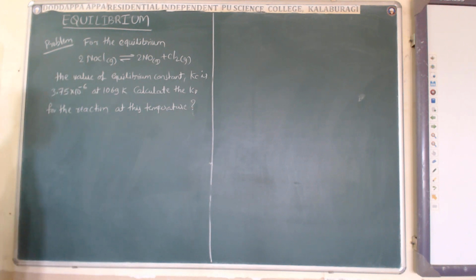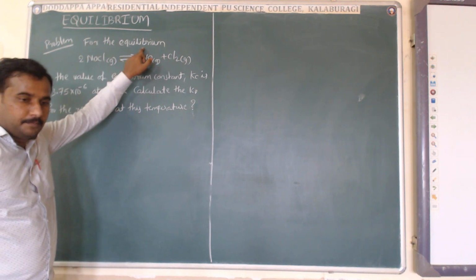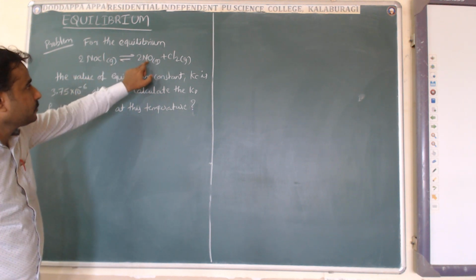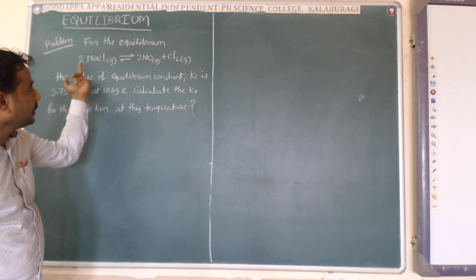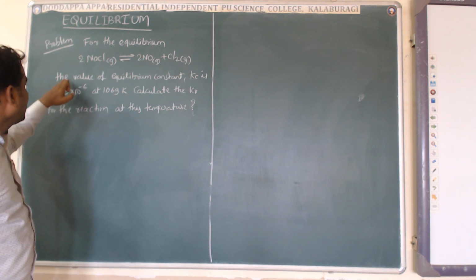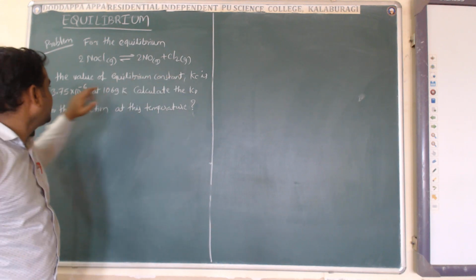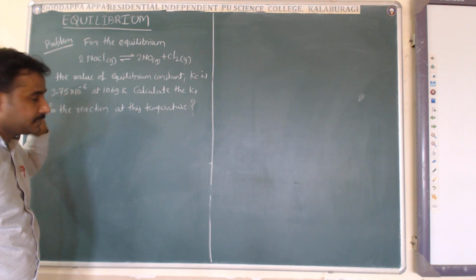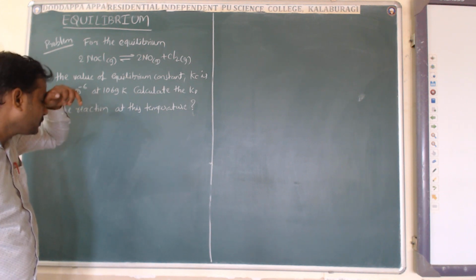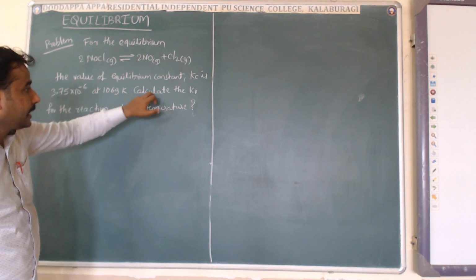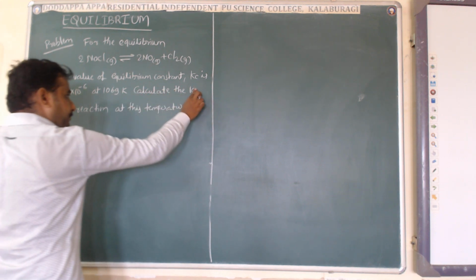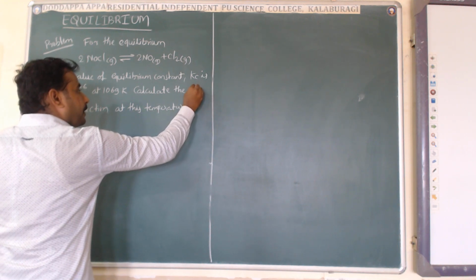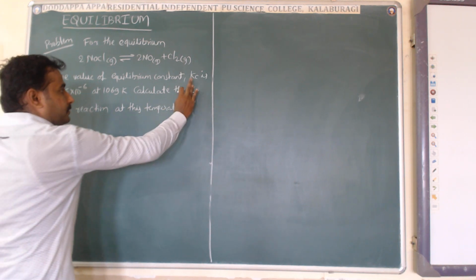You see here the question. There is an equilibrium, that is NOCl in the form of gas is converted into 2NO plus Cl2. The value for the equilibrium constant Kc is given: 3.75 into 10 raised to minus 6 at 1069 Kelvin.